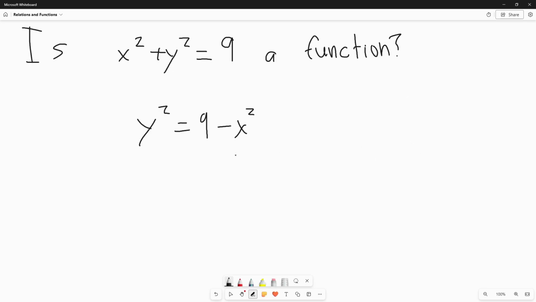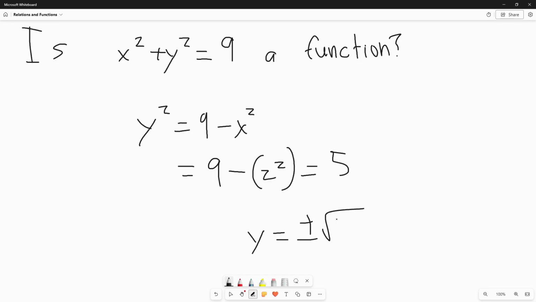However, if x squared is less than 9, then y squared, or the right side, is positive. For example, if x was 2, then we would get 9 minus 2 squared, which is equal to 5, so y equals positive or negative square root of 5. So it is not a function.